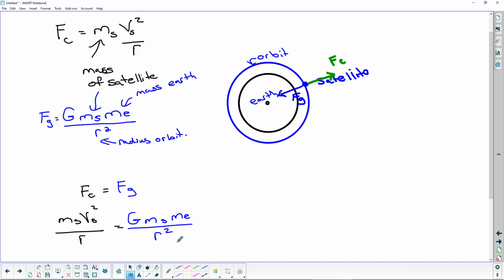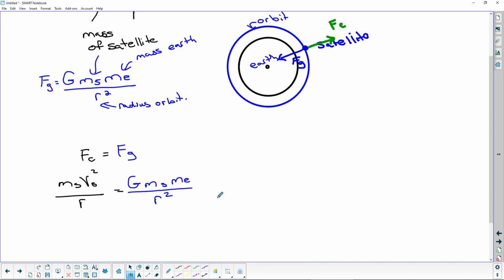Now let's do some canceling to figure out what our equation would be. This is all multiplied and divided, so they're all one term. There's no plus sign, so we don't have to do any factoring. So we can cancel out the mass of the satellite on both sides.